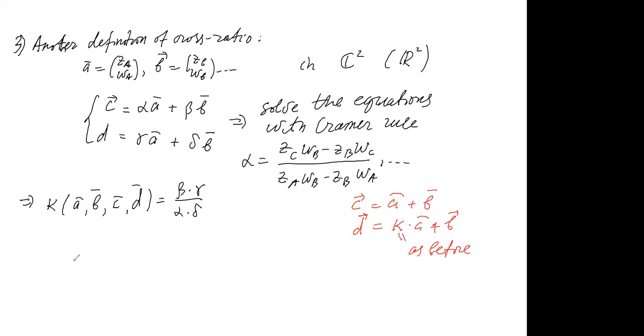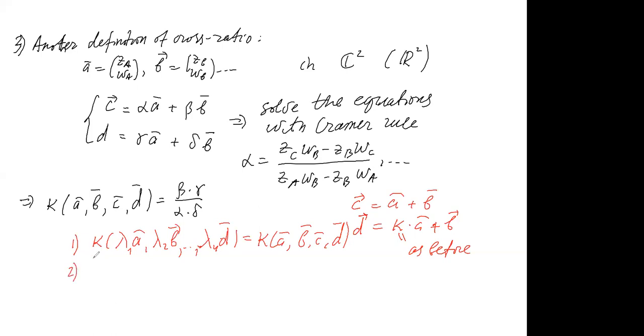First, it is nice to restore the previous properties of the cross ratio in terms of this definition. One of the properties is that, for instance, K of lambda 1 A, lambda 2 B, and so on, lambda 4 D is equal just to K of A, B, C, D. That just means that this is actually an invariant of points in projective line, not of vectors.